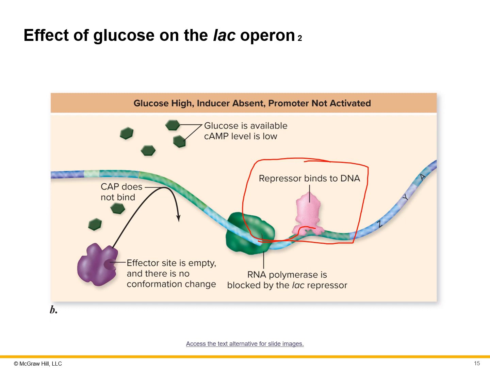And this is because the high glucose is going to eliminate cAMP in the cell, which is not going to then bind to the CAP protein, and the CAP protein cannot bind to the DNA. So in effect, when glucose is present, cAMP is in low concentration.